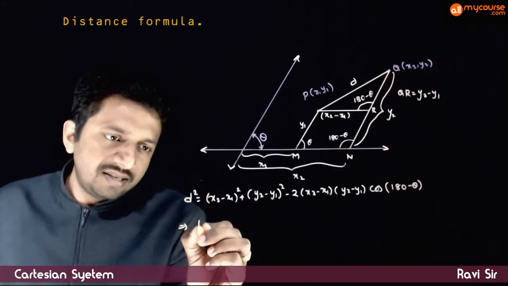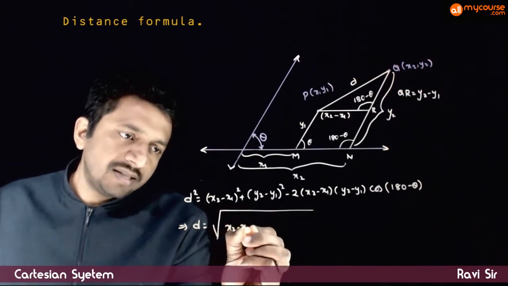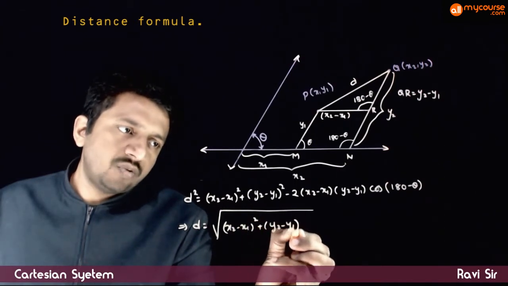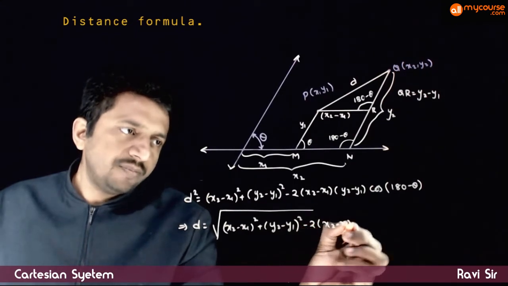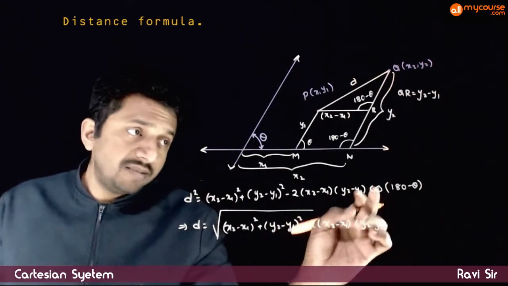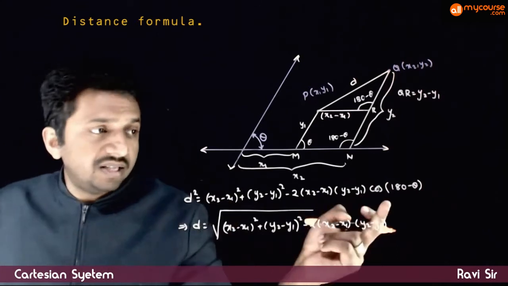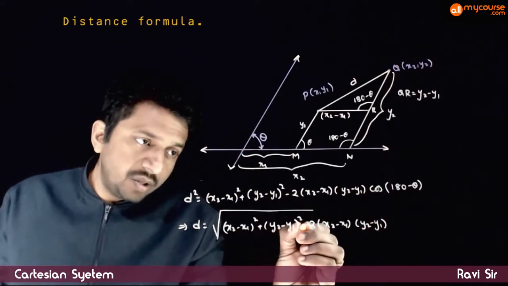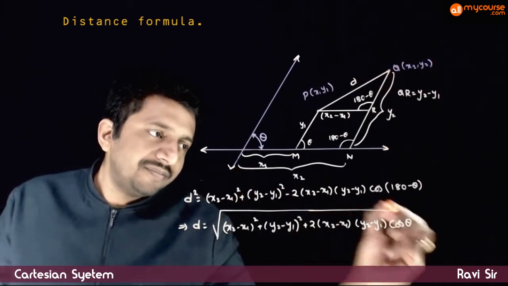So this implies d is equal to root of x2 minus x1 whole square plus y2 minus y1 whole square minus 2 times x2 minus x1 times y2 minus y1 times cos 180 minus theta, which, as we have learned in trigonometry, is minus cos theta. So you get an extra minus from this. So this minus will become plus cos of theta.